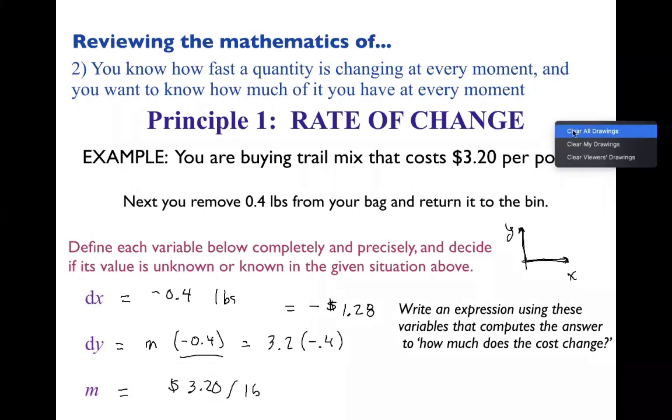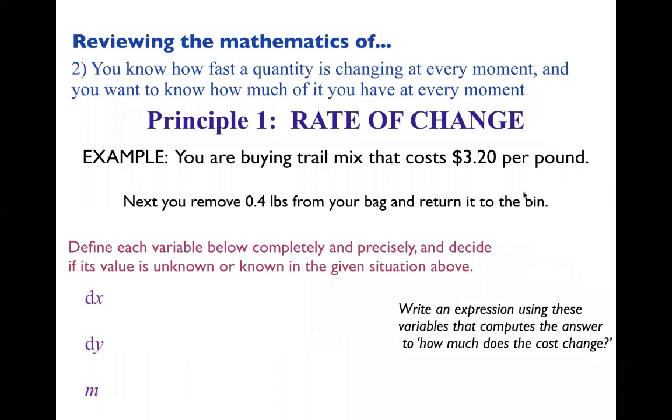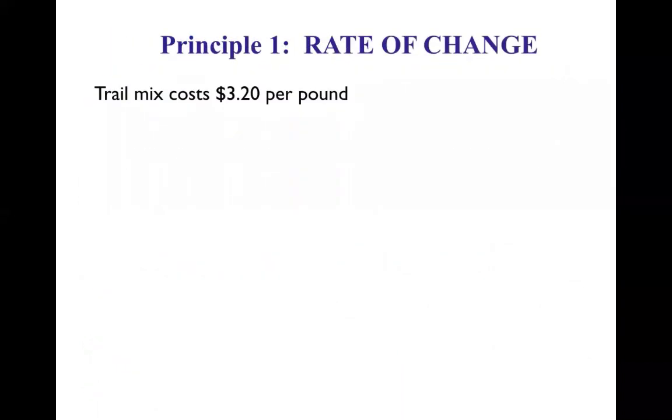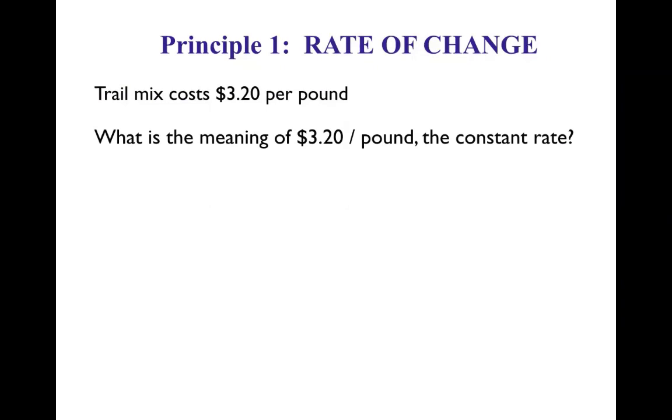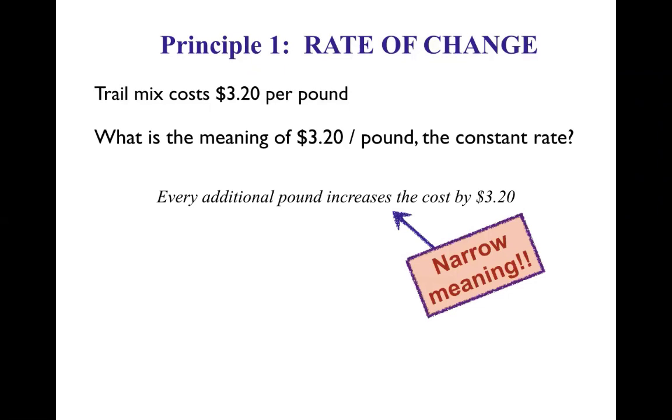Okay, as a summary of rate of change: trail mix costs $3.20 a pound. What's the meaning of $3.20 a pound, the constant rate? Before you came in today, you might say every additional pound increases the cost by $3.20. That's a true statement, but it's a narrow meaning.